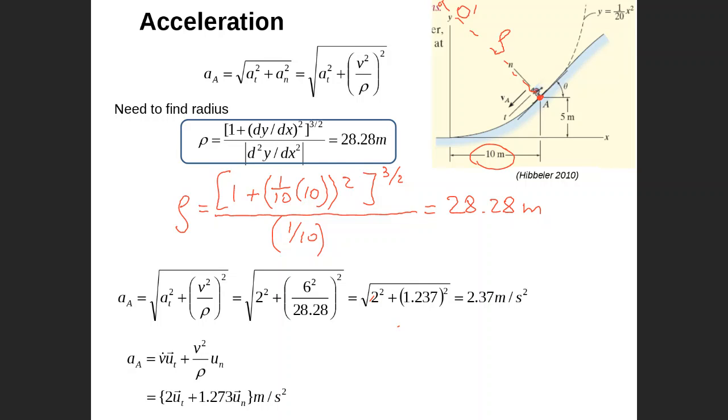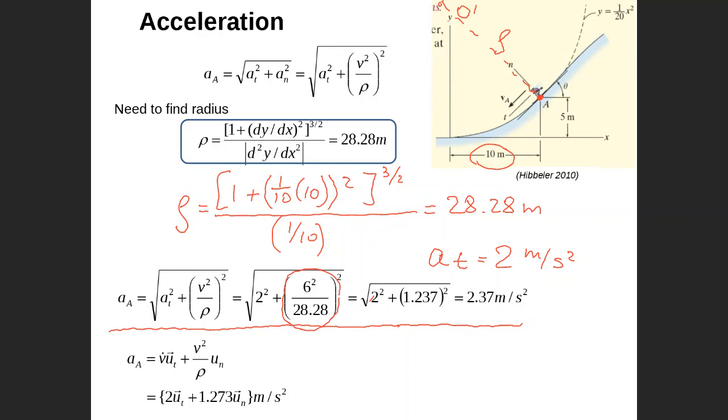Now we substitute data, and that's what we get. Tangential acceleration was given, I believe. Yes, it was given. AT is equal to 2 meters per second squared, and normal acceleration is velocity squared.